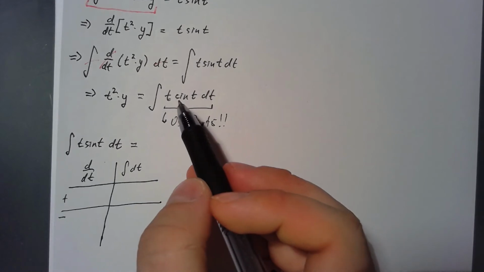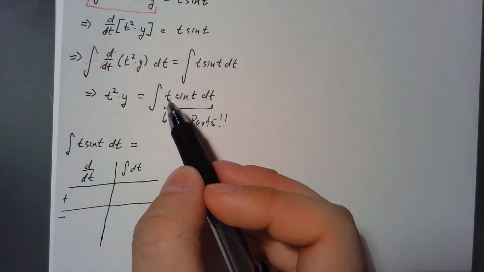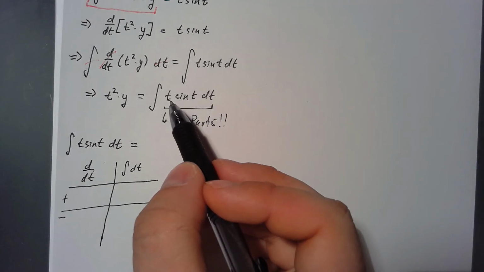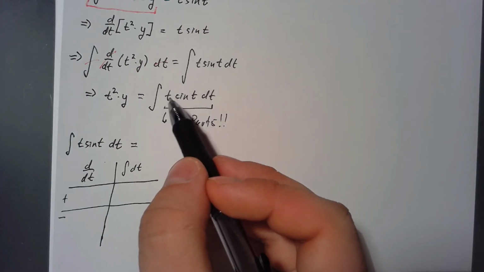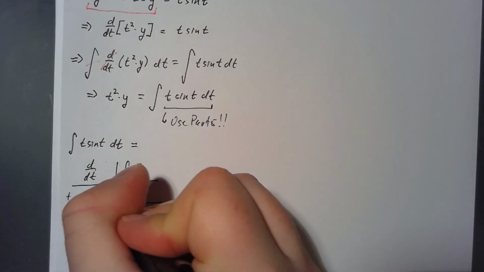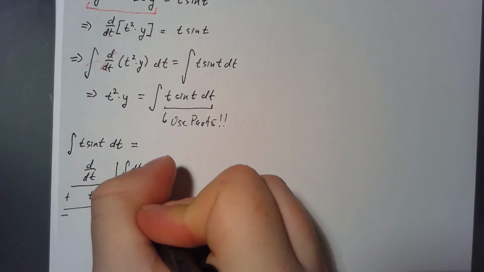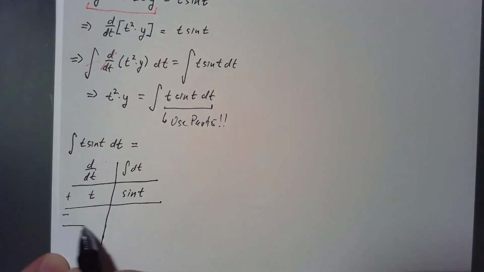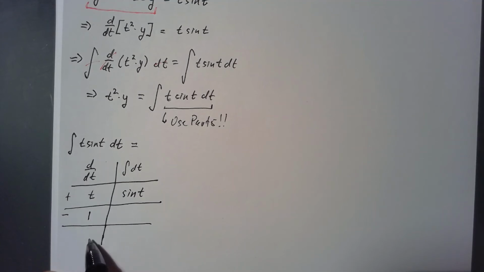So remember, how do I use integration by parts? I have t times sine of t. Which one of these is going to give me the derivative? Well, which one of these, when I differentiate, is going to give me 0? Obviously t. So that means sine of t must go here. What's the derivative of t? 1. What's the derivative of 1? 0.